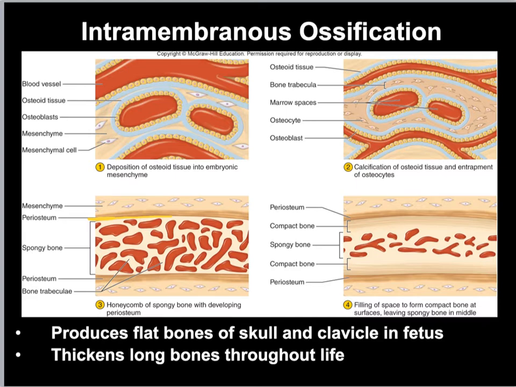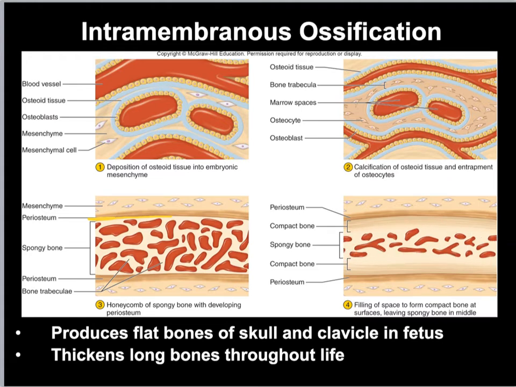So it starts off, step 3 here, we have a honeycomb of spongy bone with periosteum, and the osteogenic layer of the periosteum lays down a layer of compact bone. And we end up with 2 thin areas of compact bone with our spongy bone in between.